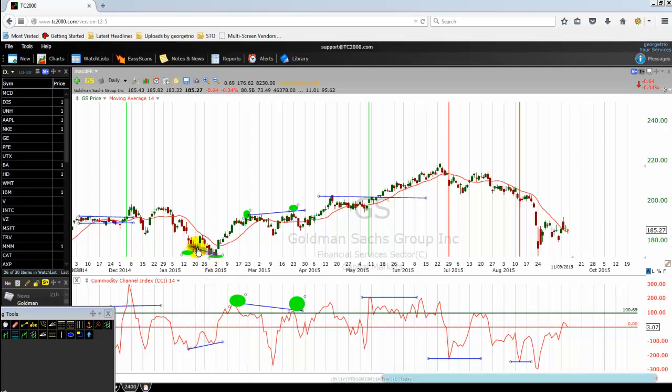This is a normal bullish divergence. Here we see again that the Goldman Sachs stock has displayed a high followed by a higher high, but the CCI period 14 has displayed a high followed by a lower high. This is a normal bearish CCI divergence.